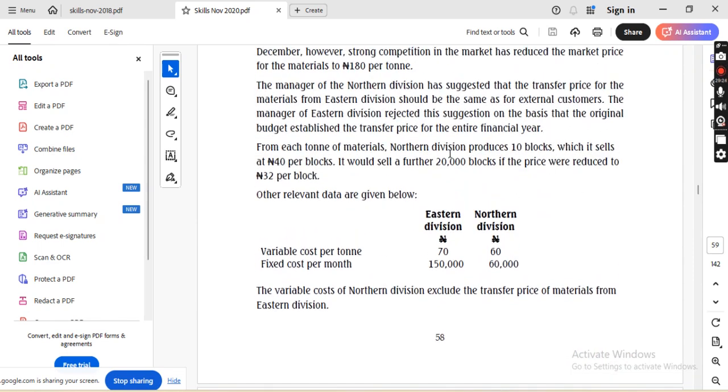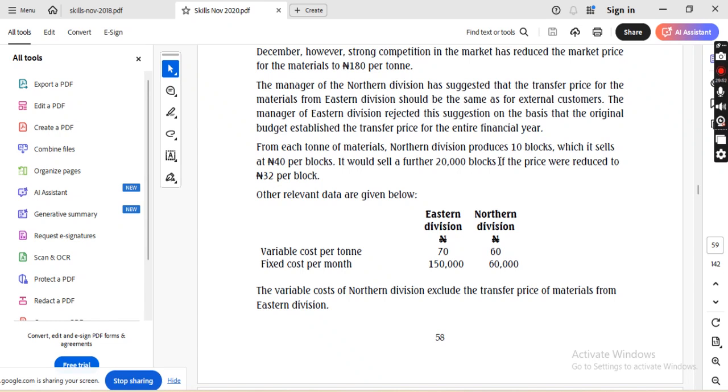Don't forget, internal needs 30,000 blocks for the first one. Now if they reduce the price, they need to request an additional 20,000 blocks.